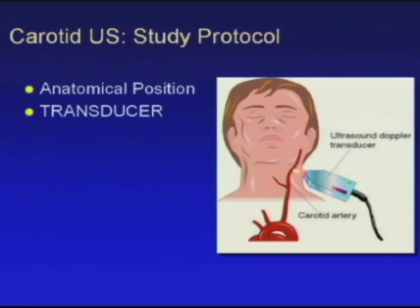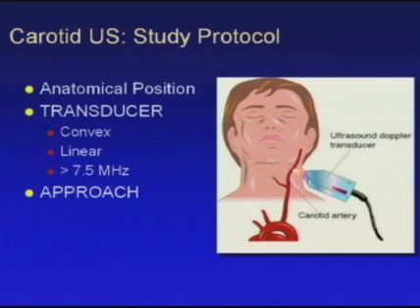The transducers to be used can be convex or linear, it doesn't matter, but the important factor here is the frequency of the transducers. We need to use frequencies higher than 5 megahertz. The higher your frequency, the better images you can obtain because of the resolution of the system.